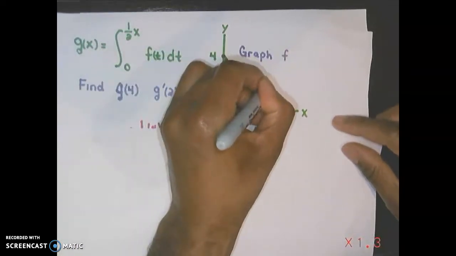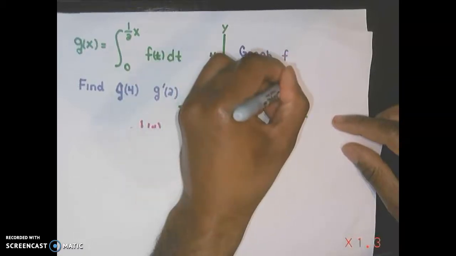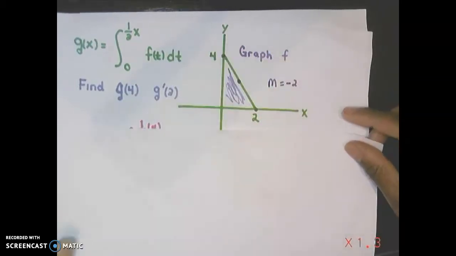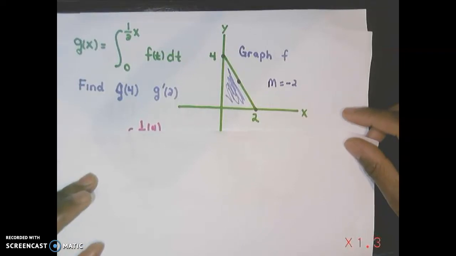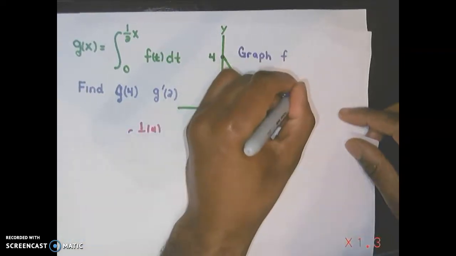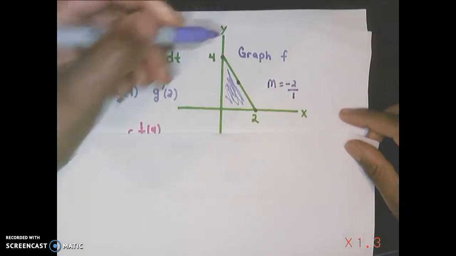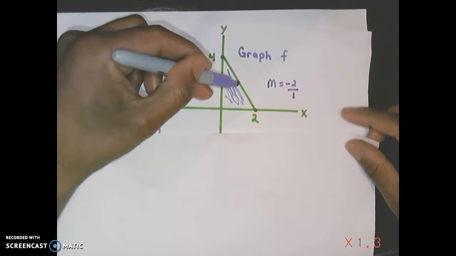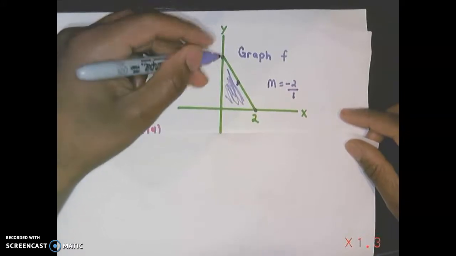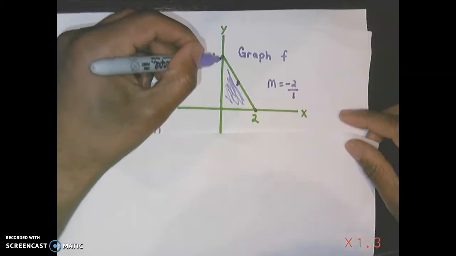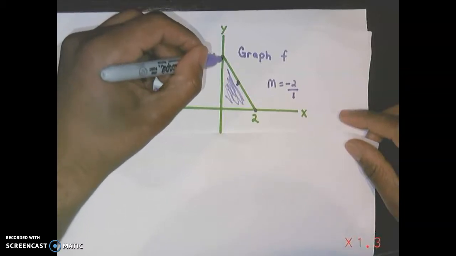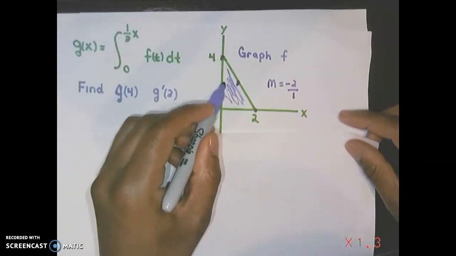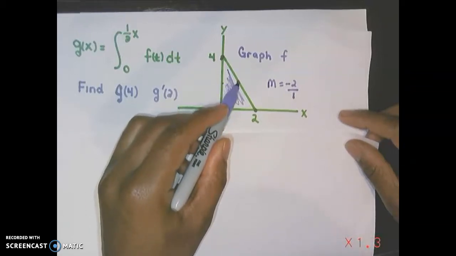So the slope of this line is going to be equal to -2, because -4 divided by 2 is just -2. I can rewrite that as -2 over 1. So when I go down 2 and over 1, I should be at this point right here. If I go down 2 from 4, I should be at 2, and go over 1. So this y value should be 2. So f of 1 should be equal to 2.